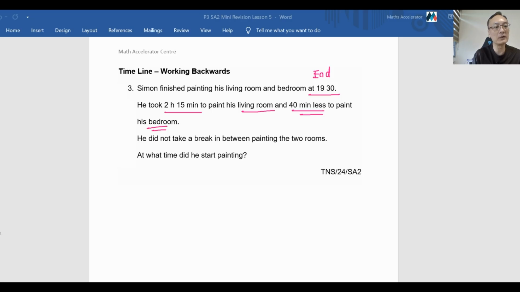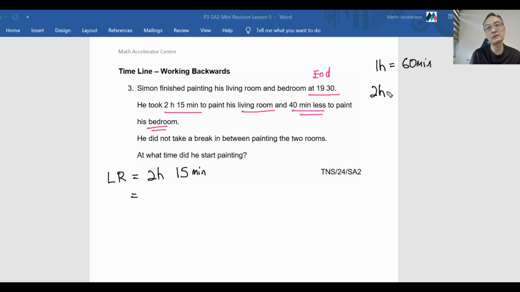Okay, let's indicate living room with LR as the short form. So the living room is 2 hours and 15 minutes. So we will be converting this time duration into minutes. We know that 1 hour will give us 60 minutes.